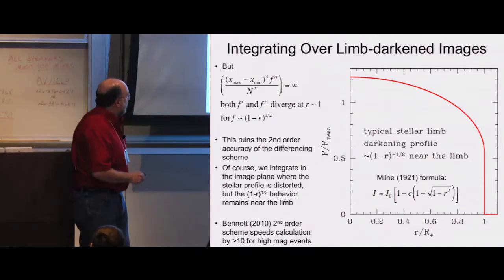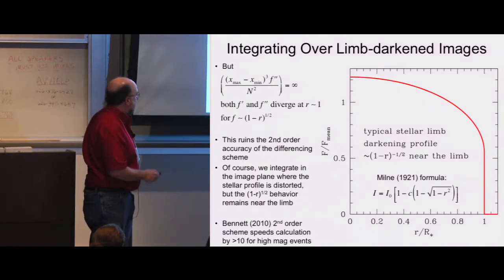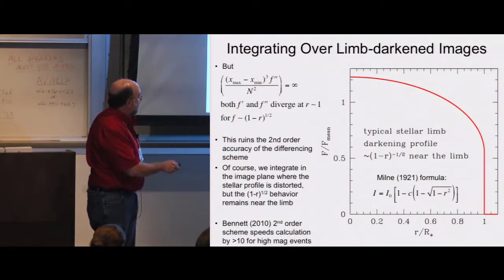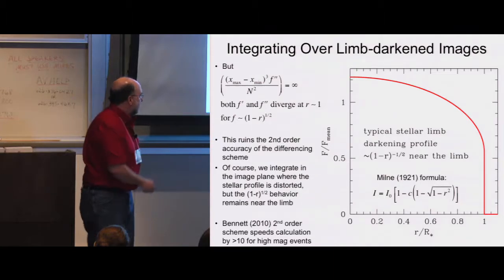It's just what you get for a semi-transparent atmosphere and spherical geometry. So you always get some kind of 1 over square root divergence at the limb in the derivative.